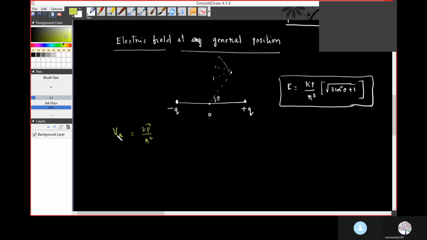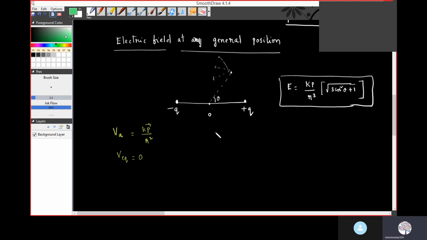Potential in the axial position is Kp by r square. Now in the equatorial position, it is equal to 0. Why?